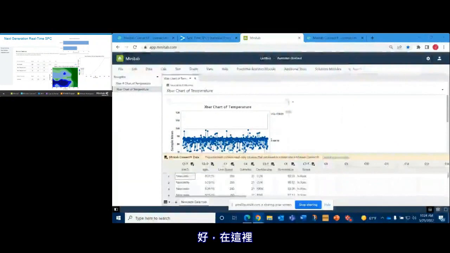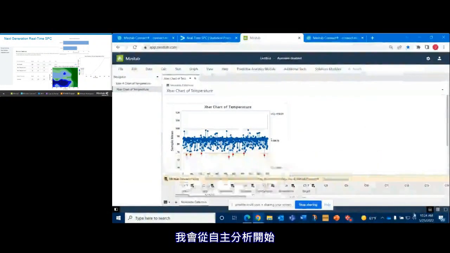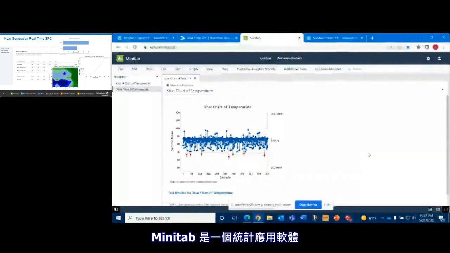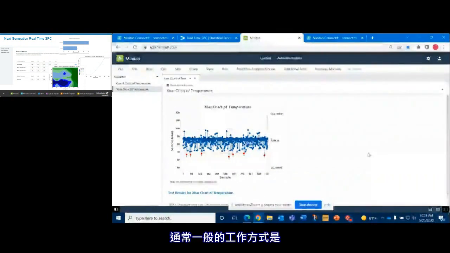Okay, so if we go back to those things, I started off by talking about self-service analytics. So here what I'm showing you is Minitab Cloud. Minitab is the statistical software application where I'm using it to analyze data. And usually if you think about the nature of the work, it's usually an individual who's analyzing data themselves, doing some investigation, and then sharing those results with other people.